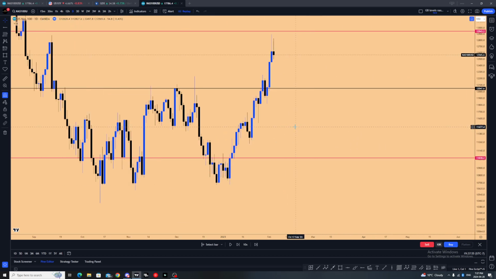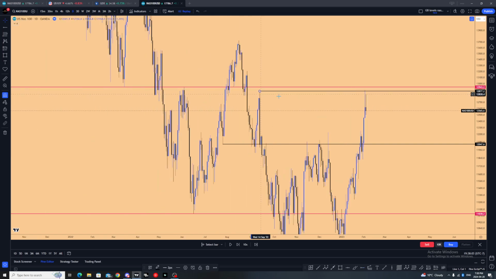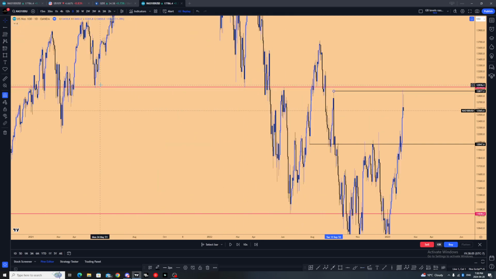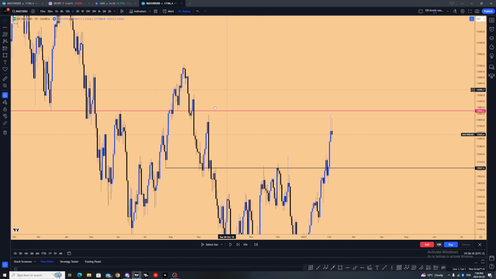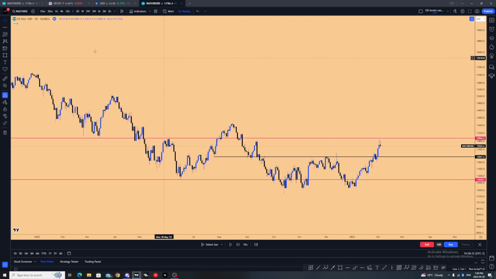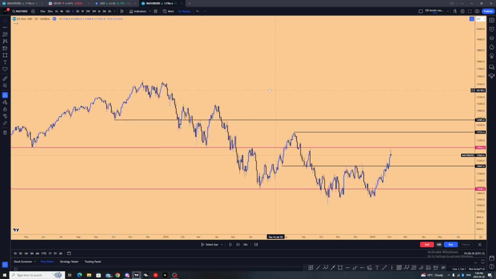What else? I would possibly use this as an SR level too, but it is forming at a previous SR level, so you don't really need to add it. And then there is this one as well. There is this one as well.